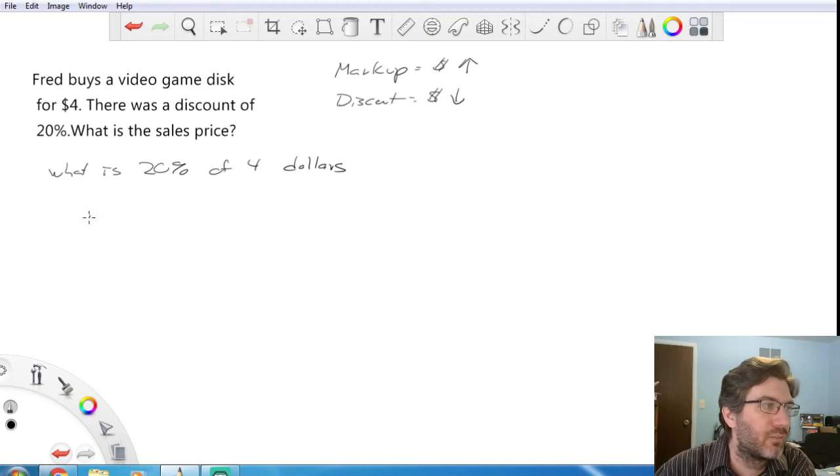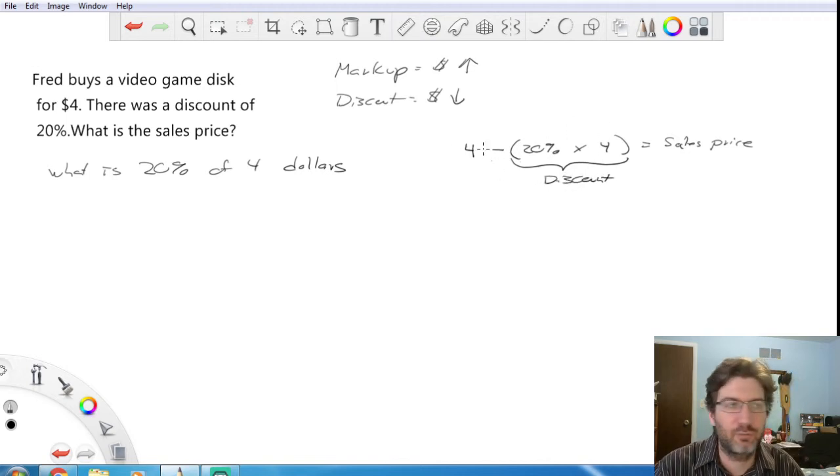So you're going to take your $4 and subtract 20% of $4, or 20% times 4, and that will equal your sales price. This here will equal your discount. And then you take your discount and subtract it from your original price.